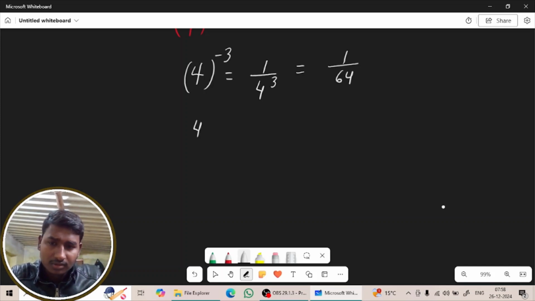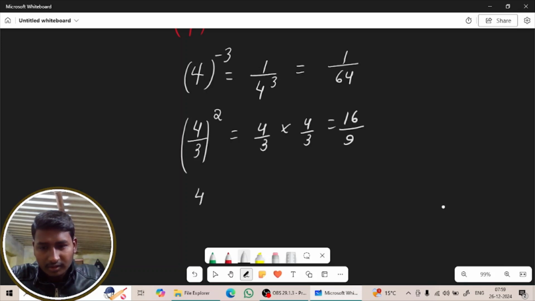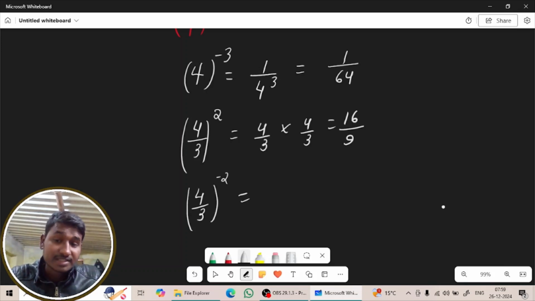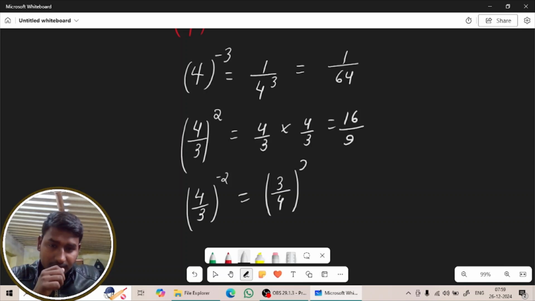Now let's see another number. If I have 4 over 3 to the exponent 2, it will give you 4 over 3 times 4 over 3, which is 16 over 9, right? But in the same way, if I write 4 thirds to the exponent negative 2, first I need to flip this number to 3 fourths, and this negative exponent will convert into a positive exponent.